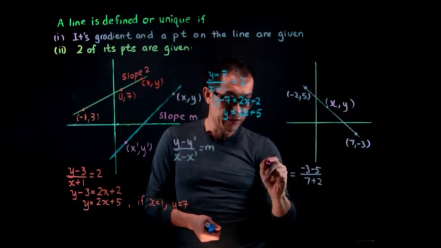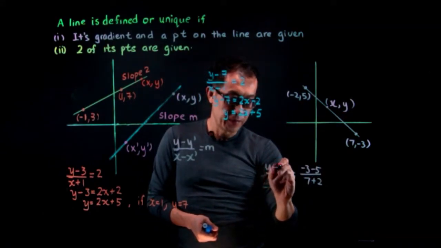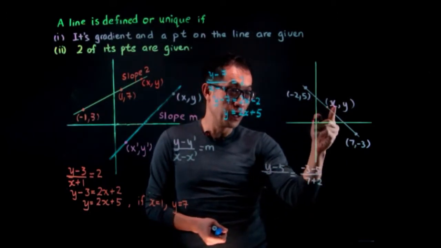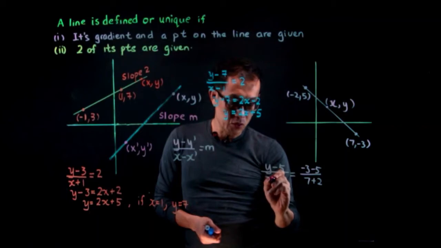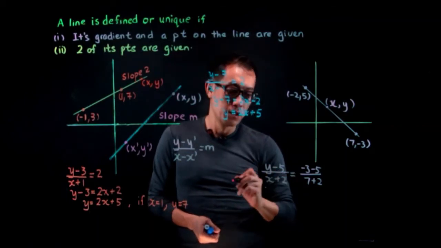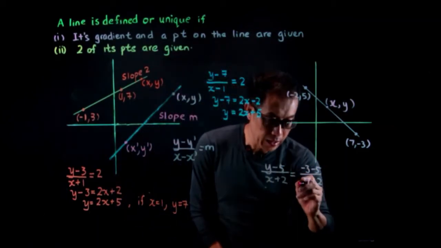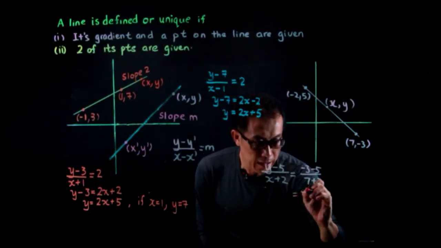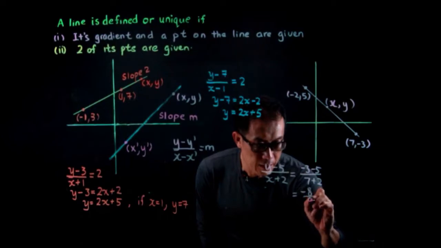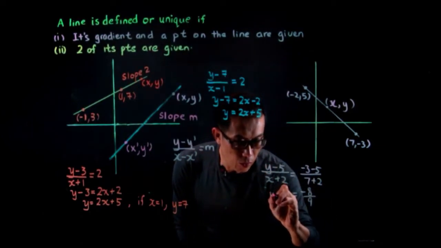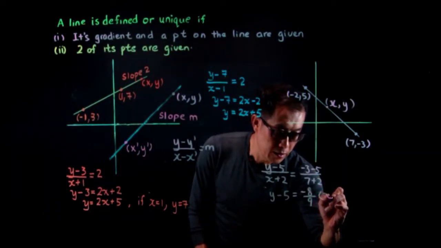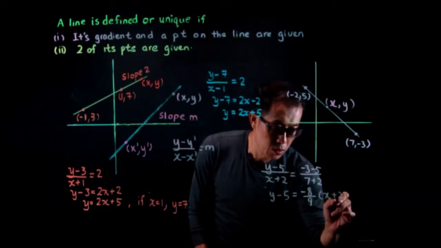Now let's say this arbitrary point, you can use any of the points. Let's use this minus this, because the result will be the same. So y minus 5, but actually it doesn't matter, you can use this point also, over x plus 2. Now here you get minus 8 over 9. Here you get y minus 5 over x plus 2.